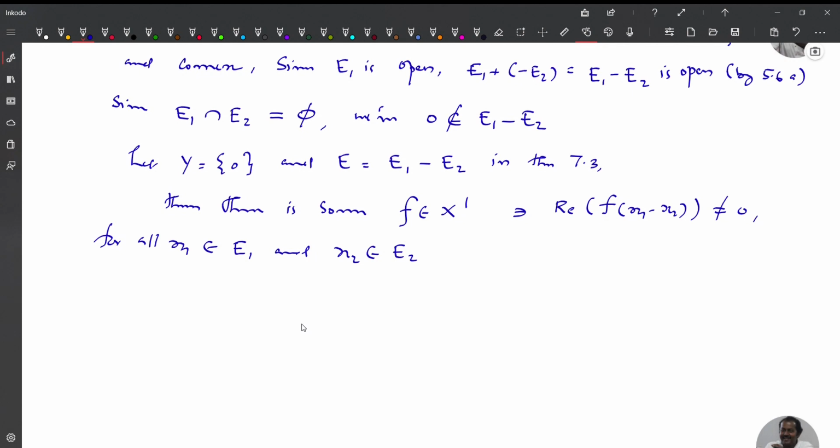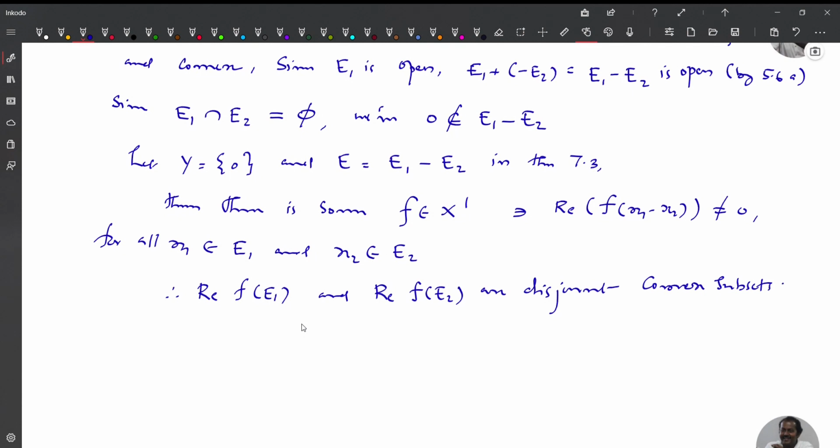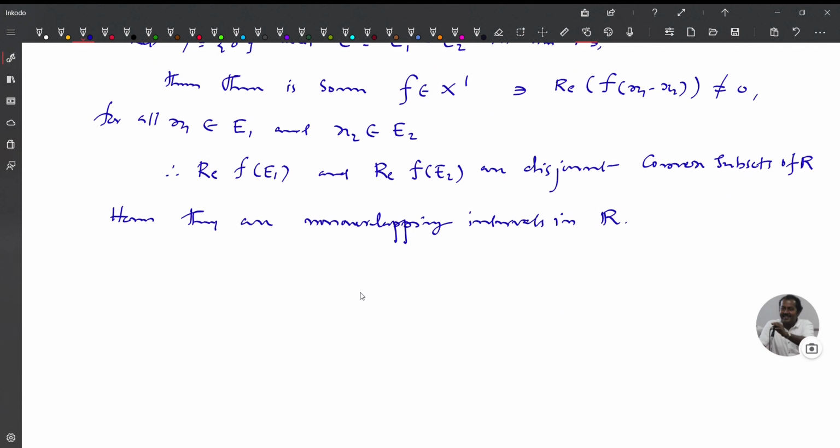Therefore, real part of f of E1 and real part of f of E2 are disjoint convex subsets of R. Hence, they are non-overlapping intervals in R, because they are convex subsets of R. So we can assume that they are intervals which are non-overlapping.